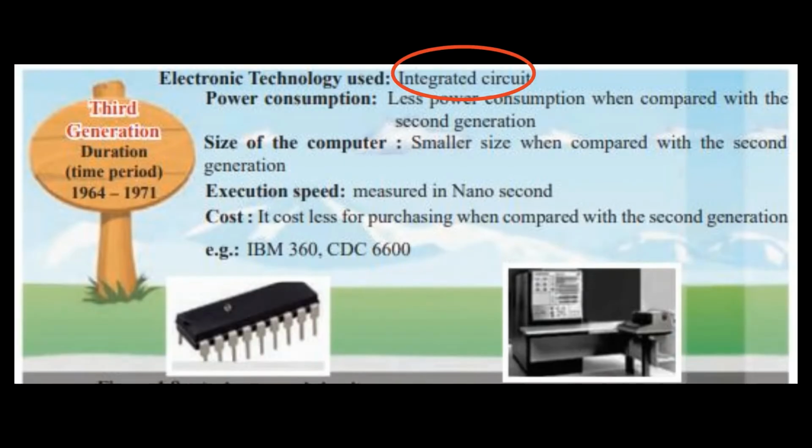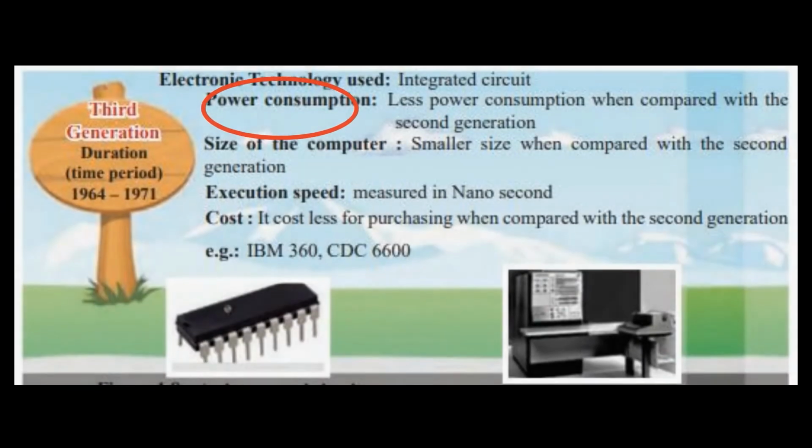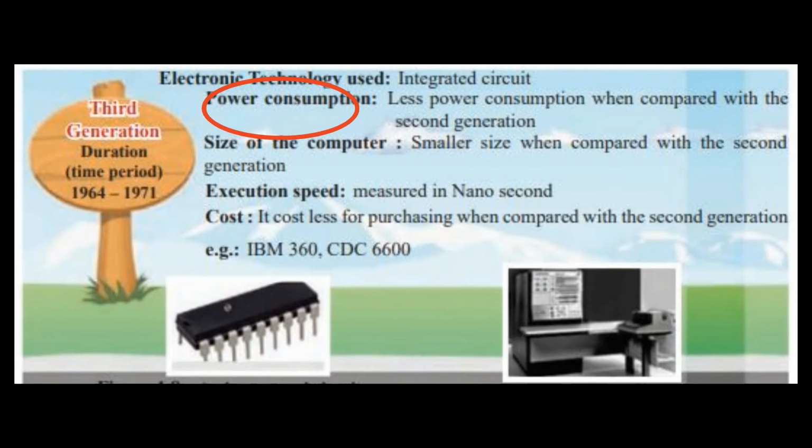In third generation, electronic technology used was integrated circuit. In third generation, less power consumption when compared with the second generation.